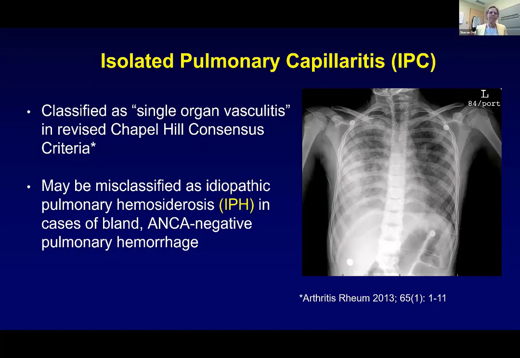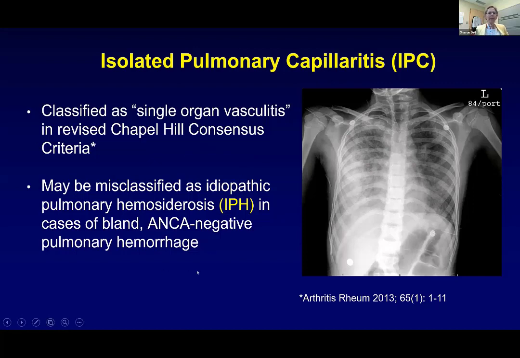So the revised Chapel Hill consensus criteria would actually classify isolated pulmonary capillaritis as a single organ vasculitis, the same way that it now categorizes isolated CNS vasculitis.